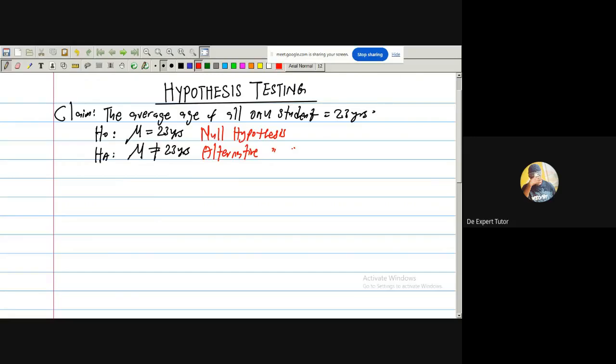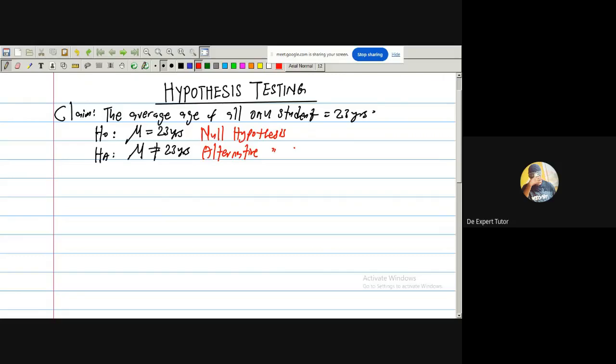This is the clue: the null hypothesis always carries an equality sign. Don't forget. The alternate hypothesis will not carry an equality sign. It can be not equal to, greater than, or less than, but you never see equality. In the null hypothesis it's also possible to see greater than or equal to, so you will see equality there. But in the alternate hypothesis, there is no equal to.